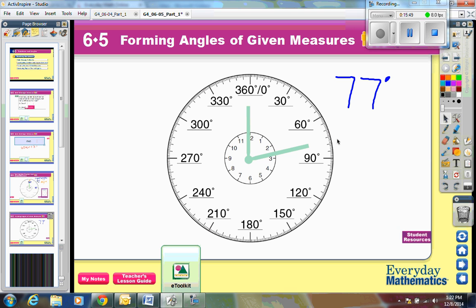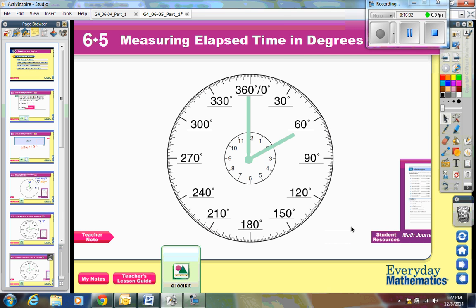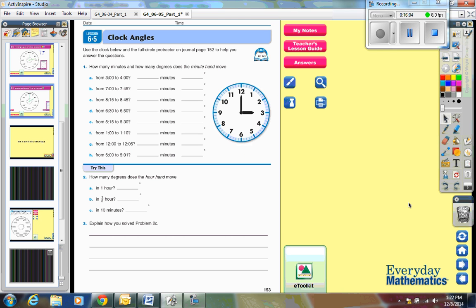Today, you are going to be using your clock to determine angles of time. If you're looking at page 153 in your math journal, you're looking at a page that looks like this.